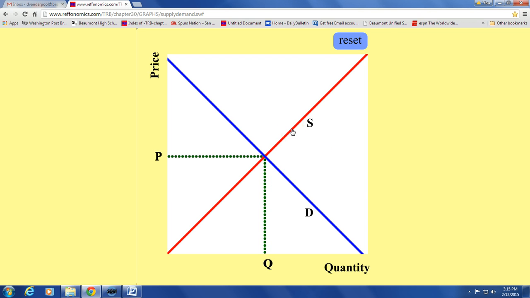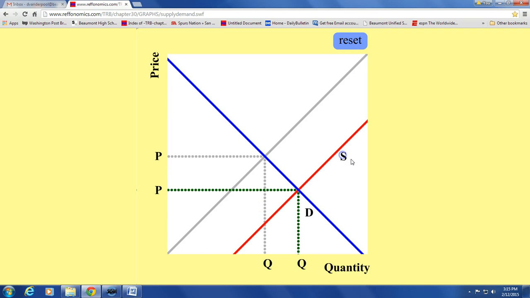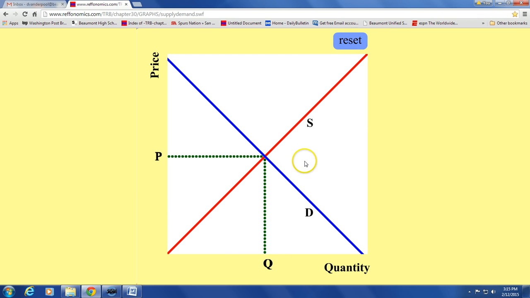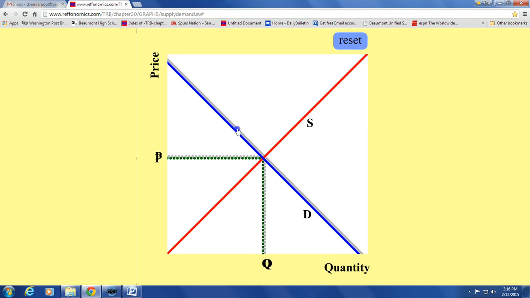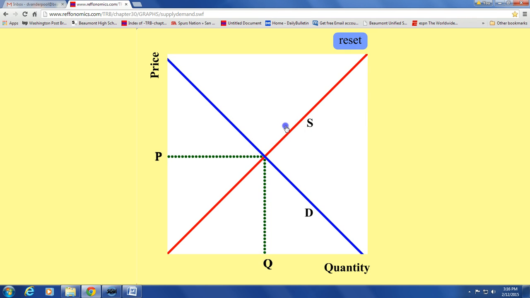Let's say we have an increase in supply. We started off at equilibrium here, and an increase in supply shifts the supply curve to the right. We moved from that equilibrium to that equilibrium, which pushed down the price and pushed up the quantity. And the last scenario, if we have a decrease in supply, the supply curve shifts to the left.